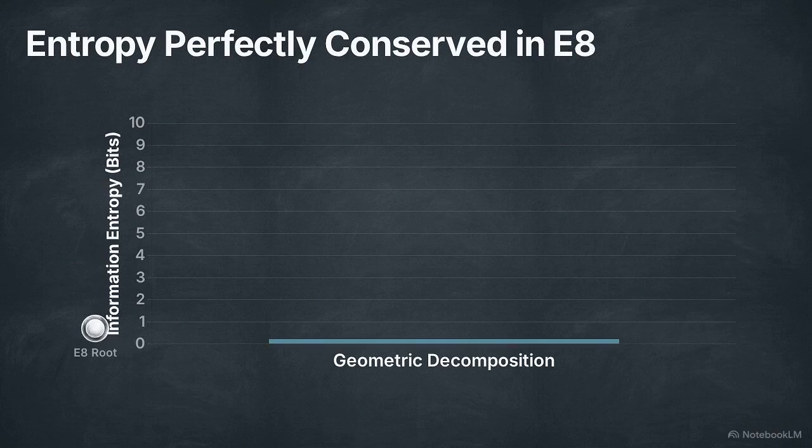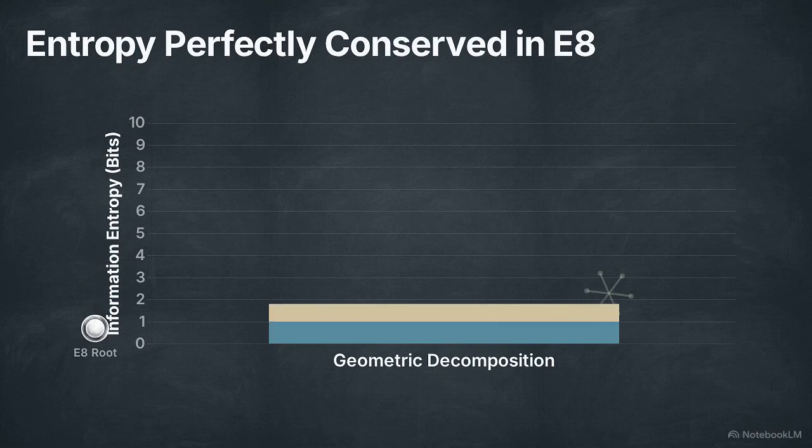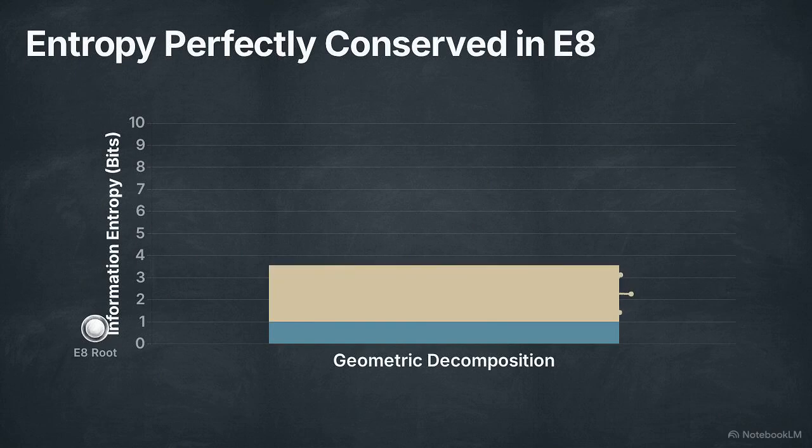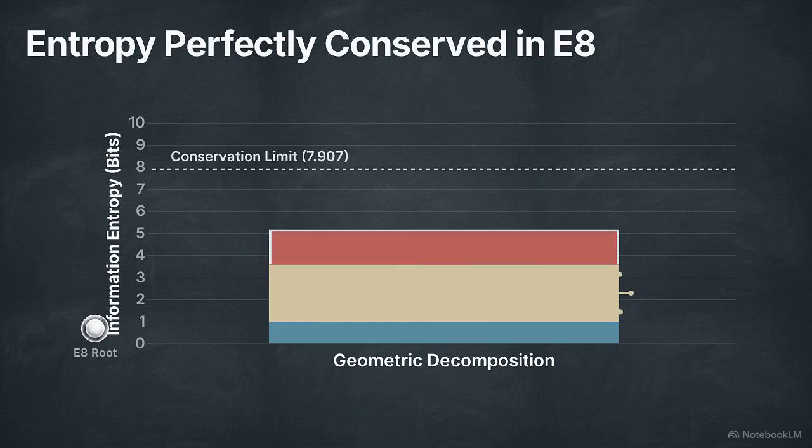The base bar represents the binary layer, accounting for exactly 1.0 bit. This defines whether the coordinate structure is classical, integer-based, or quantum, half-integer-based. The century layer stacks on top of that, adding 2.585 bits. This layer dictates the coordinate's vector alignment across 6 specific quaternion axes.